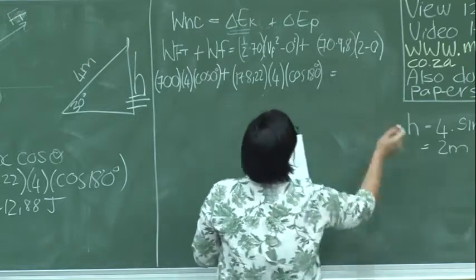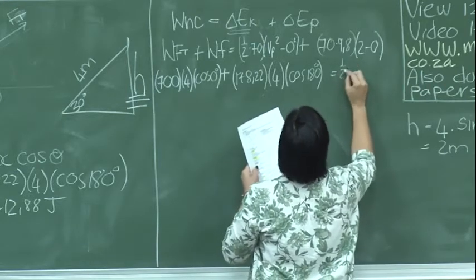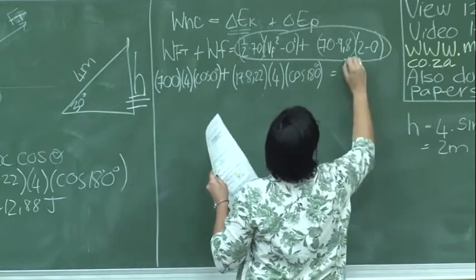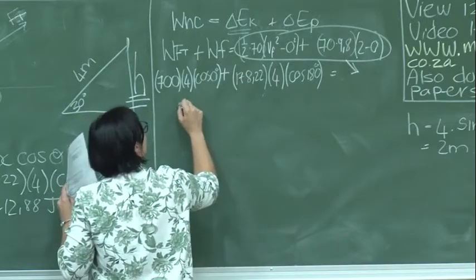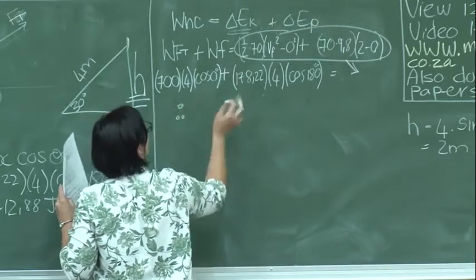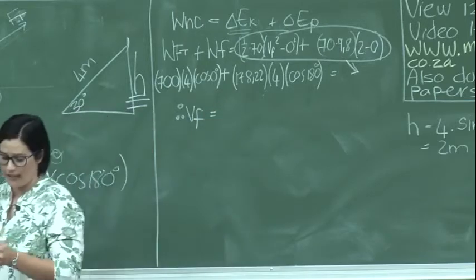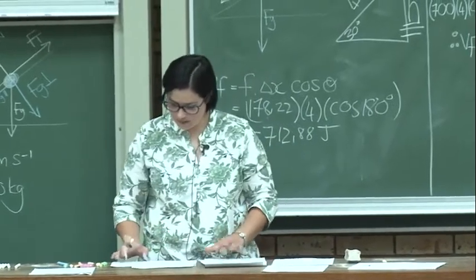And now I do my math, and what do you get? I'm just going to be lazy and do this, also because of time. You do the math, and you solve V final. Again, nothing keeps you from showing those steps here as well. What do you get there on the calculator? What do you get?